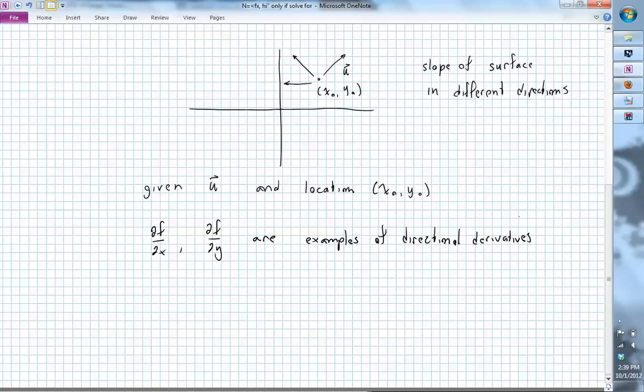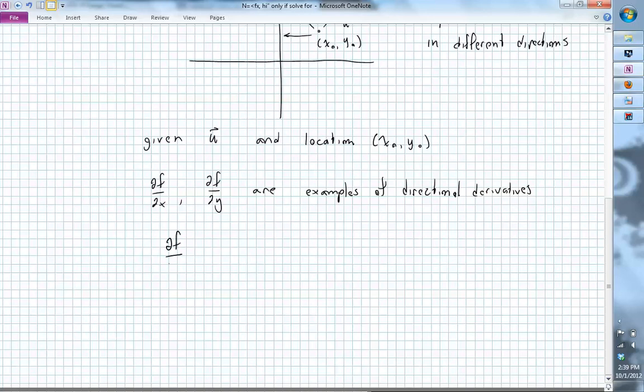The partial of f with respect to x describes the slope of the surface in what direction? Exactly. And the partial of f with respect to y is the slope parallel to the y-axis. Obviously, there are more than just those two directions, right? There are a whole infinity of directions, all the different possibilities of directions that I could go. But these are examples of directional derivatives.